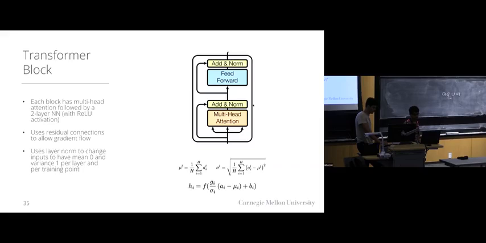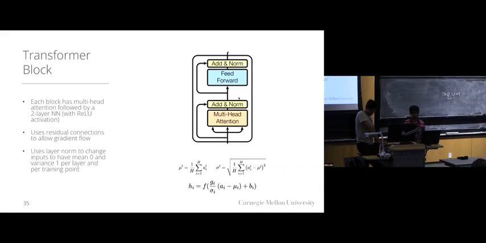There are two additional features that make transformers easier to train, and that's the residual connection and the layer norm. A residual connection takes your value from before the multi-head attention or before the feed-forward network and adds it to the output of your multi-head attention.